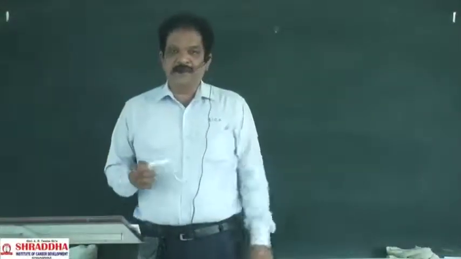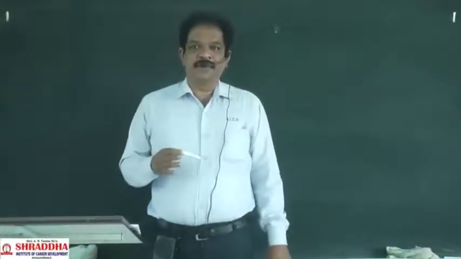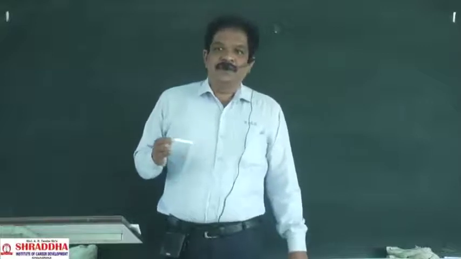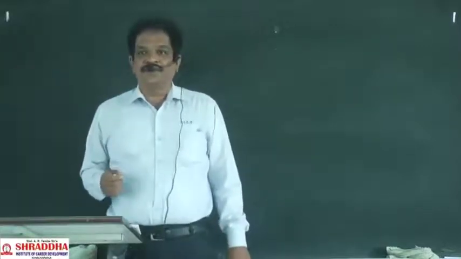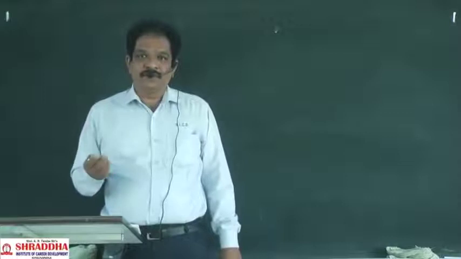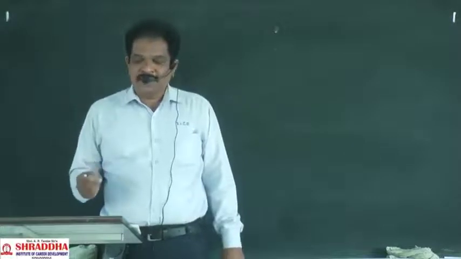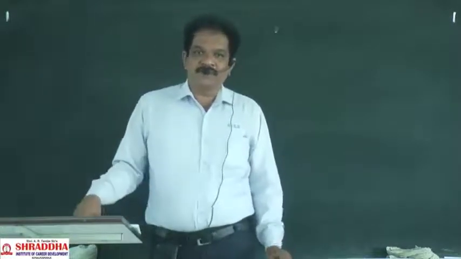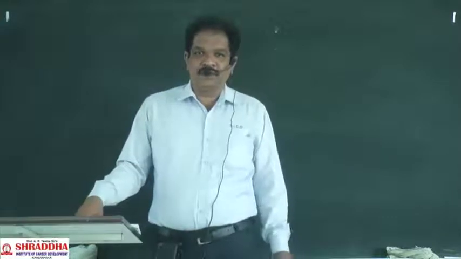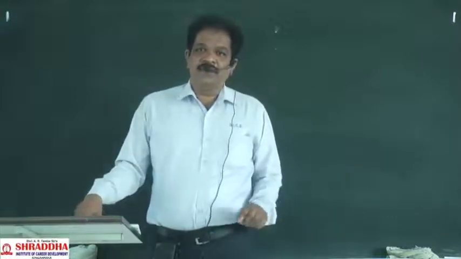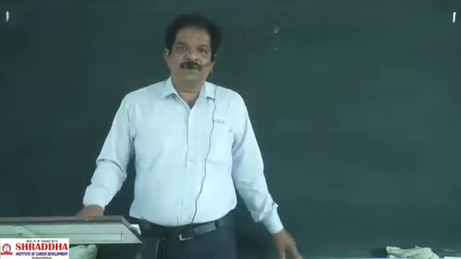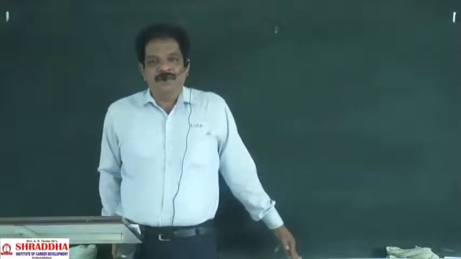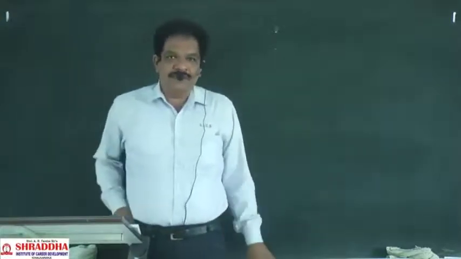Good morning, students. In the last class, we discussed the equations of motion of a freely falling body. For a freely falling body, u is equal to 0 and a is equal to g.